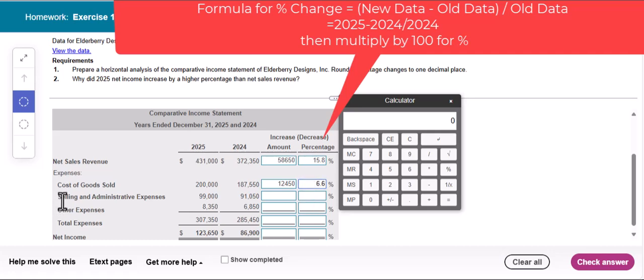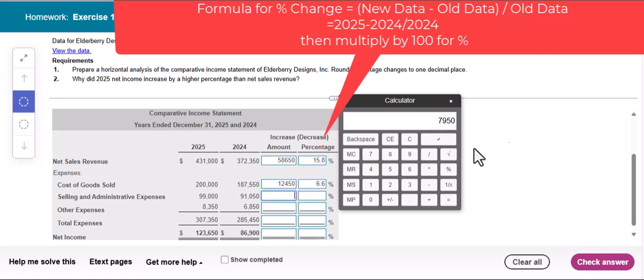Next up, we have selling and administrative expenses. So that looks like it increased from about 91,000 to 99,000. So let's get that exact increase amount by taking the new year of 2025's amount, 99,000, and subtracting the previous year, 91,050. So that is an increase of 7,950.